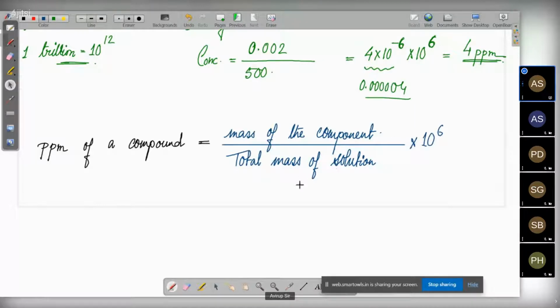So as you can see, we are magnifying this a million times.